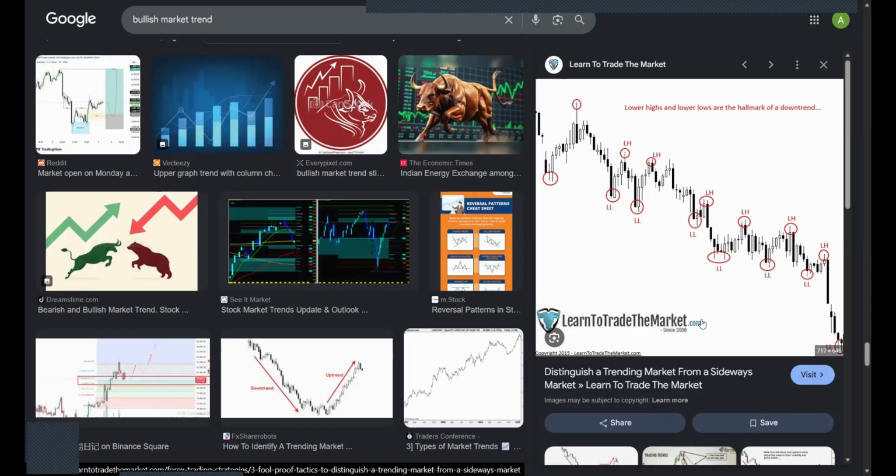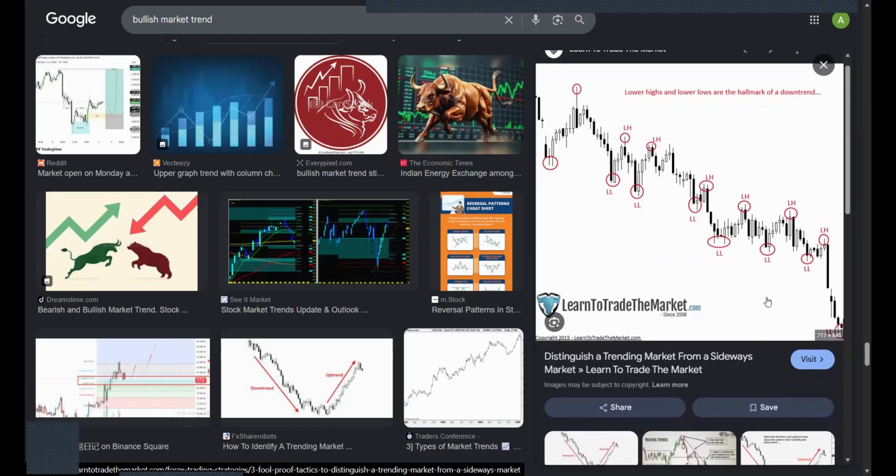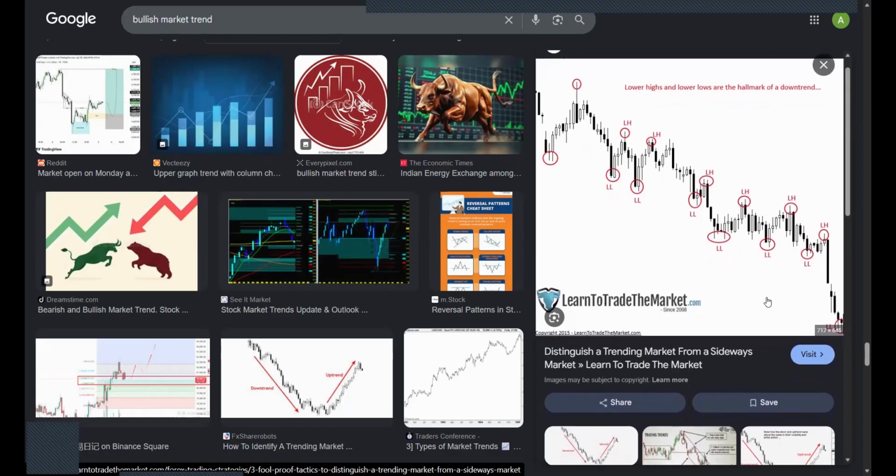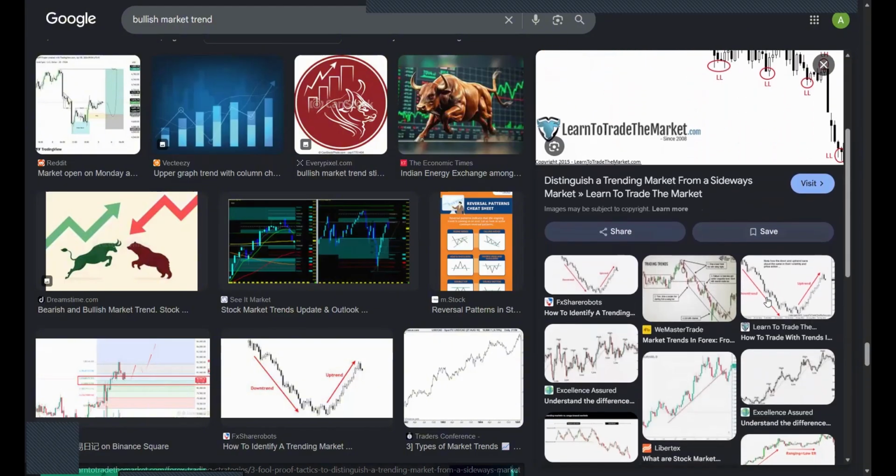Same with this one, you can see price is making these lower lows and lower highs, and people can consider this a bearish trend.